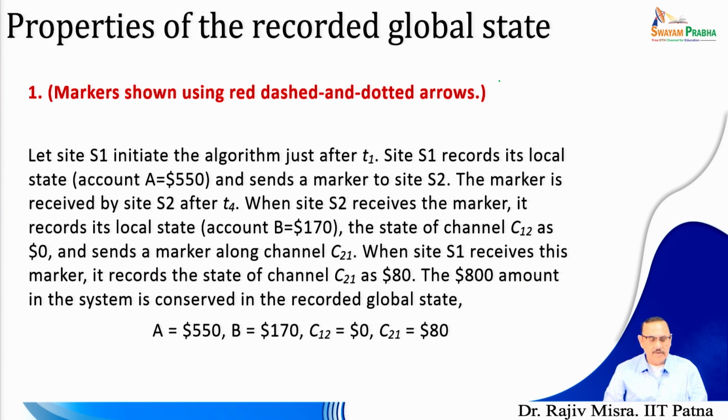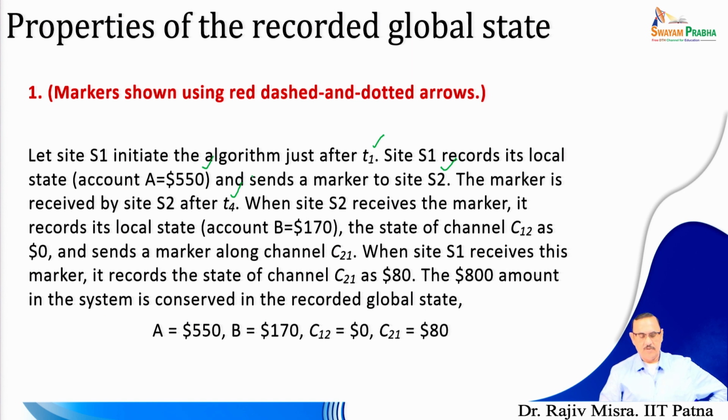The marker is shown in red dashed. Site S1 will initiate just after time t1; site S1 records state A as 550, as we have told, and sends the marker to site S2. The marker is received by site S2 after time t4.